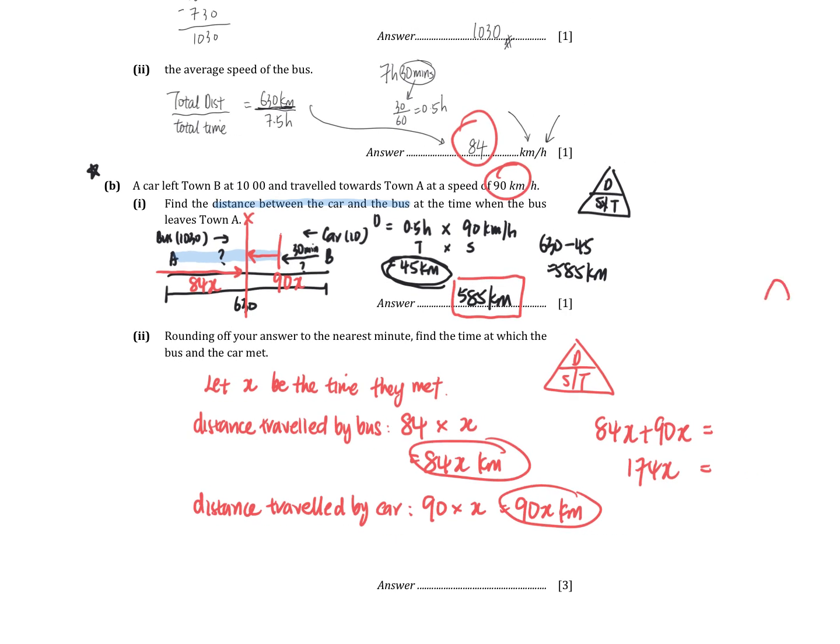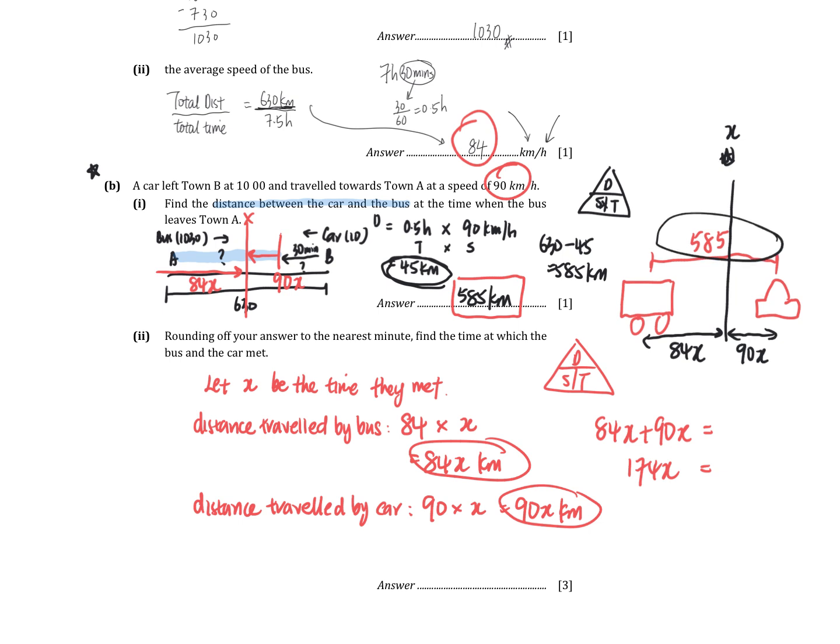Because the car was already here, the distance between them was already left with 585. And then they met at time x. So this part here, the bus traveled 84x, and this part here, the car traveled 90x. So total adds up to 585.